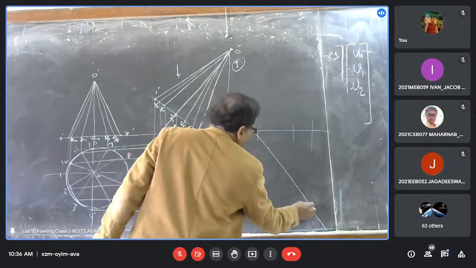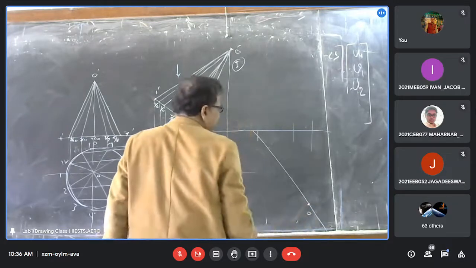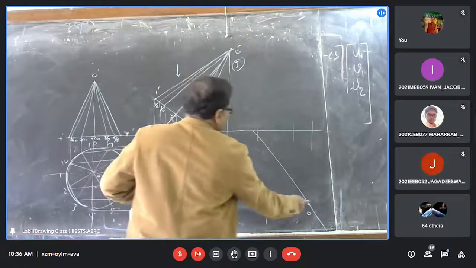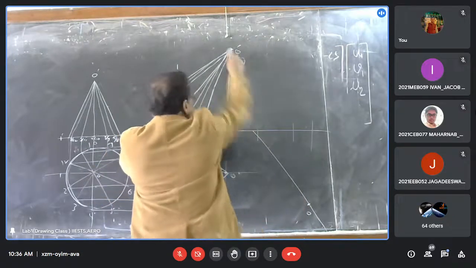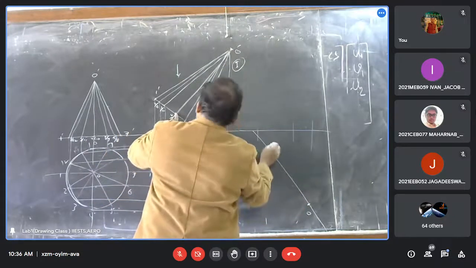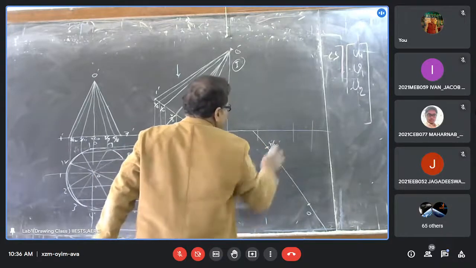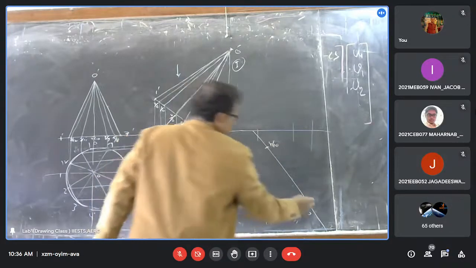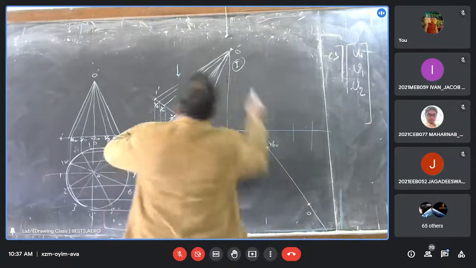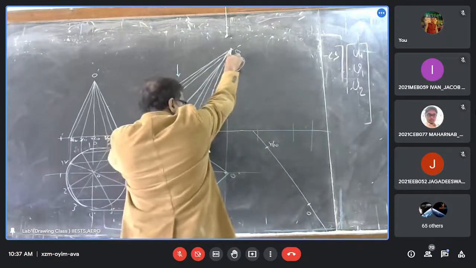This is the O, initially O, and this is the original length of the axis, O to 4. Measure this, this is 4. This is your 4 dash. This is the axis, meaning this length is 75 millimeter.